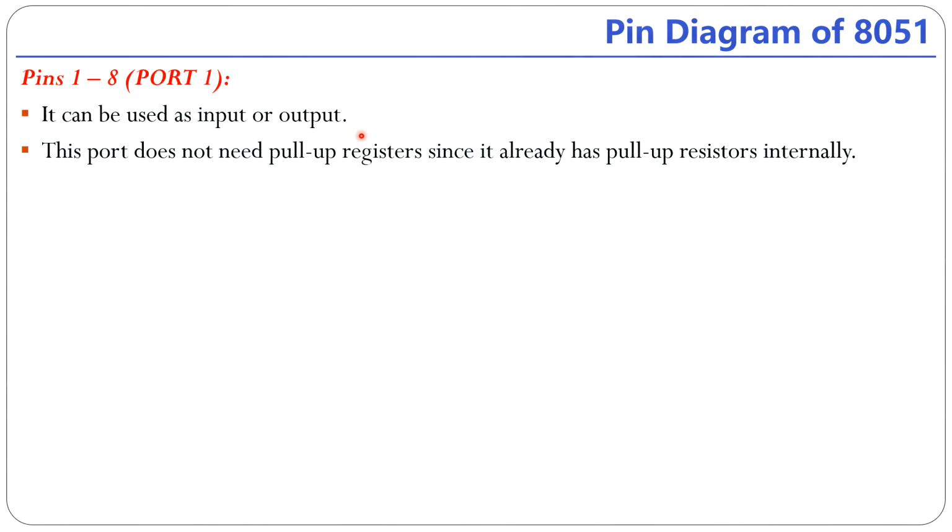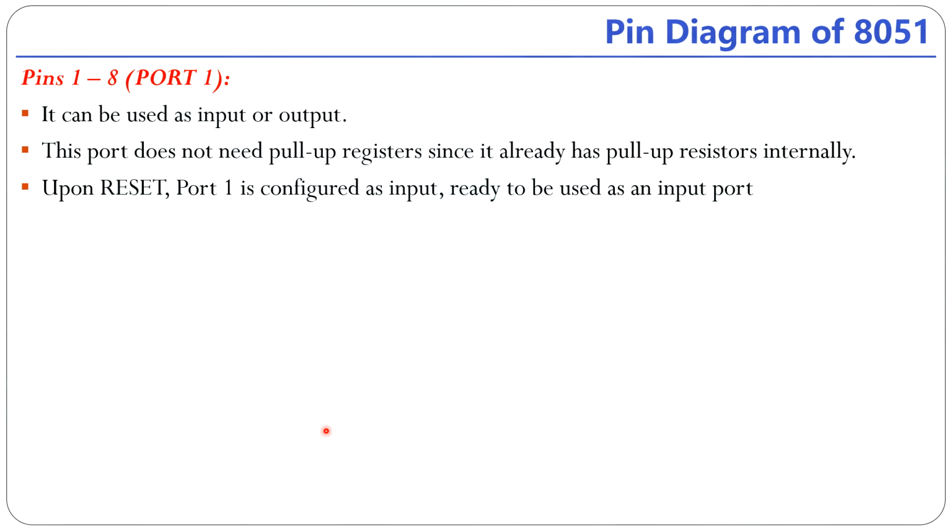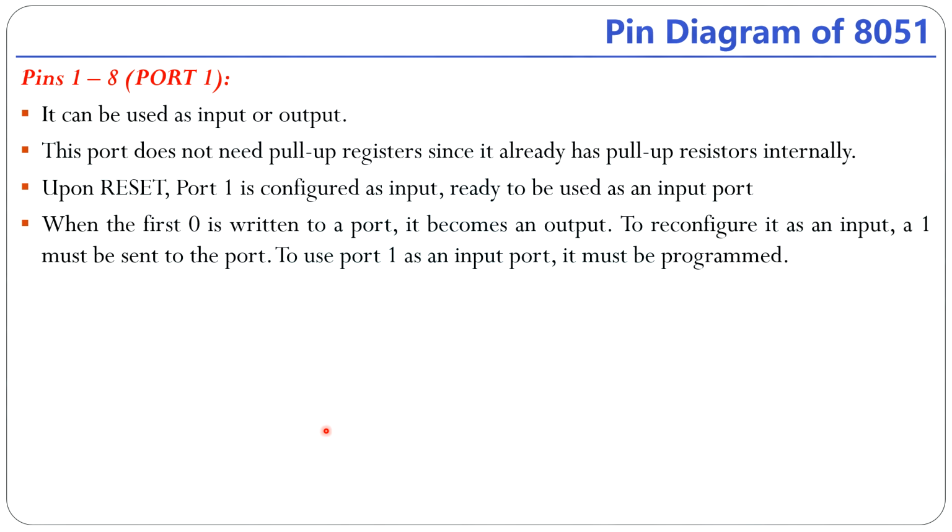This port does not require any pull-up resistors. Why? Because it already has internal pull-up resistors. Upon reset, port 1 is configured as input and ready to behave as an input port. But in some cases you need to use these port lines as output ports. In that case, you need to configure by writing logic 0 onto the corresponding port line.